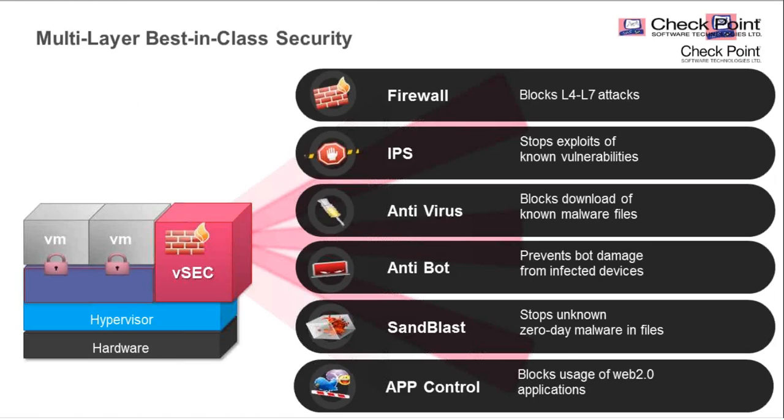With Antibot, we can detect this initial communication with command and control and block it and sever its link, rendering the bot useless. Then we can alert the relevant teams that there is a bot on a machine. So a pretty useful software blade that really goes the extra mile in enabling our security posture.